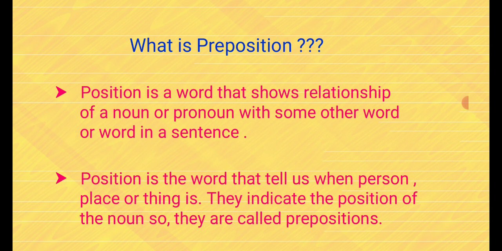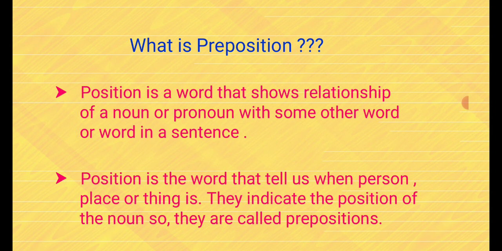They indicate the position of the noun, so they are called prepositions. So to find out the position of the noun, pronoun or any object, we need a particular word, and that word is called the preposition.